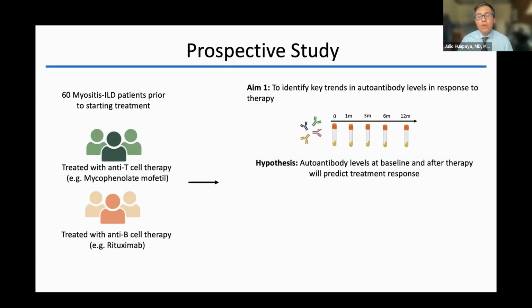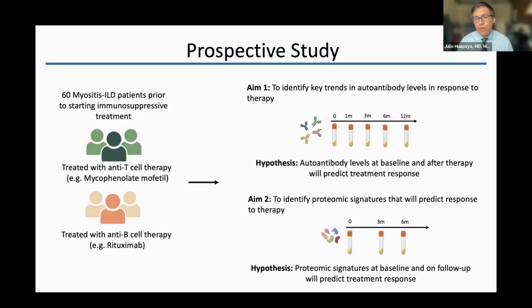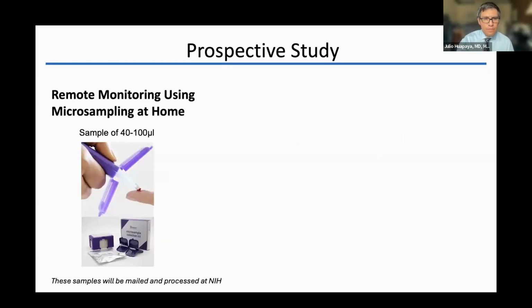And also the change, if we see that the antibody levels go down, that may help us to predict treatment response. We will also do the same with proteomic analysis, looking again at response to therapy. And our hypothesis is that both at baseline and follow-up will help us in terms of predicting who may respond or who may develop a flare.